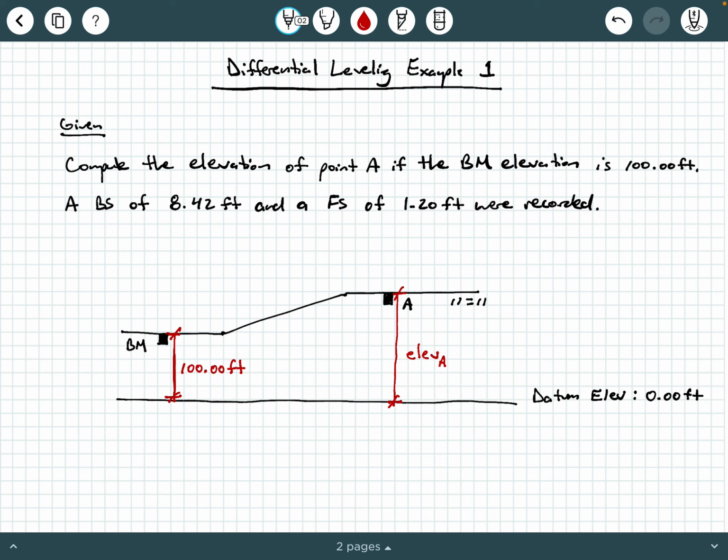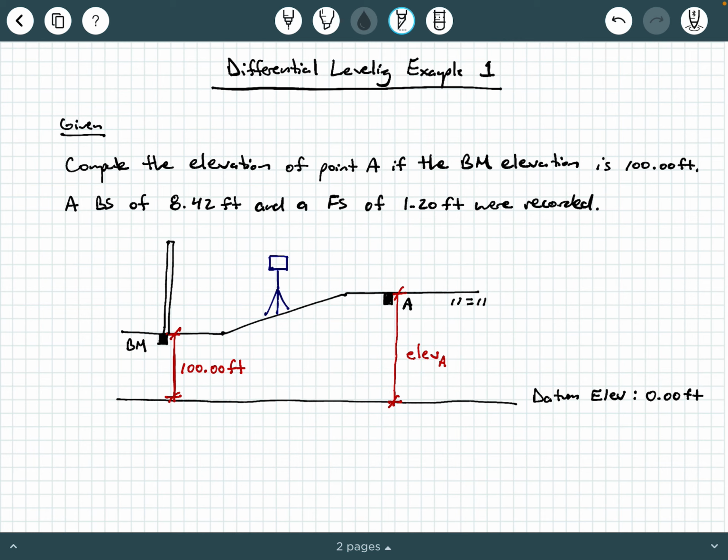That's what we want to find, okay? Now, remember, the instrument we're going to assume is set up approximately halfway in between our 2 points, the point that we know and the point that we're trying to find. So I'm going to use this figure to sketch some important information. Here is my auto level, and here's my tripod, okay? If you watched the previous video, what happens first? Well, a rod person stands and places a Philadelphia rod on the point where we know the elevation.